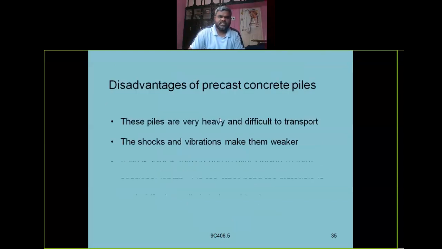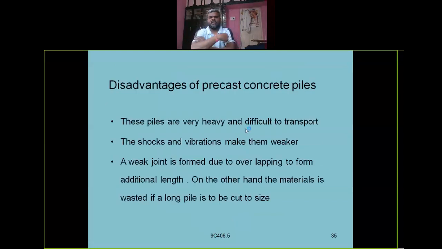So disadvantages are these piles are very heavy and difficult to transport. The shocks and vibrations make them weaker. A weak joint is formed due to overlapping to form additional length. On the other hand, the material is wasted if a long pile is to be cut to a size. Like if you want to drive a 30-meter pile, you cannot cast a 30-meter pile at a time.